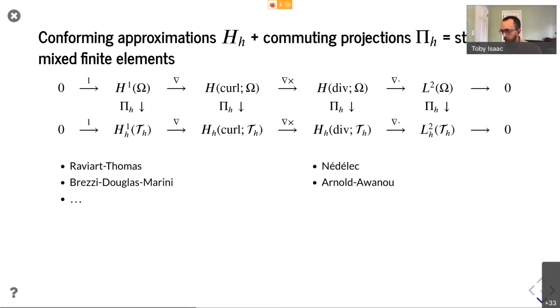And we expect convergence of our finite element approximations. And this describes the Raviart-Thomas elements, the BDM, Nedelec, more recent Arnold-Awanou. So this diagram of the commuting operators working on the cochain complex describes half a century of finite element research.